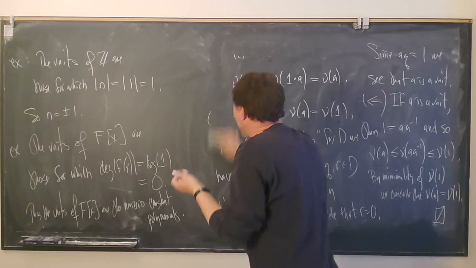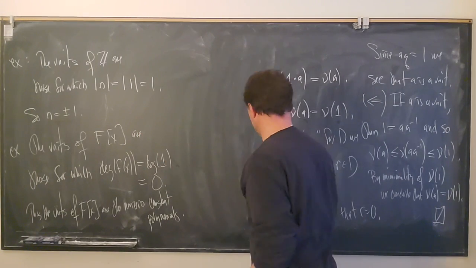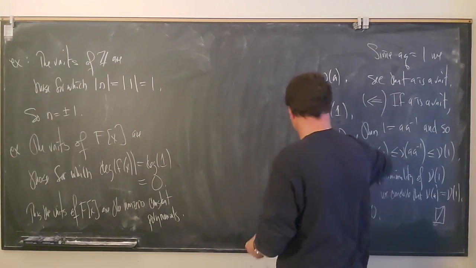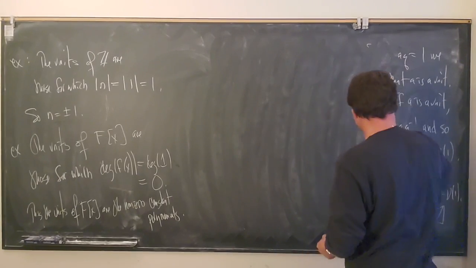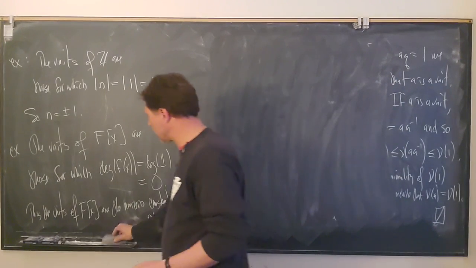Okay, so we already knew this, but now we've got a nice proof using the Euclidean norm on F[x]. And then one more example that we have.